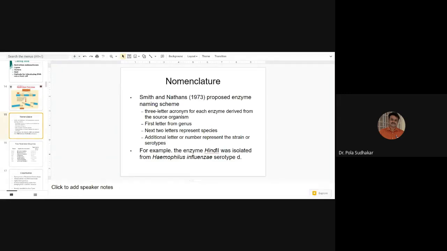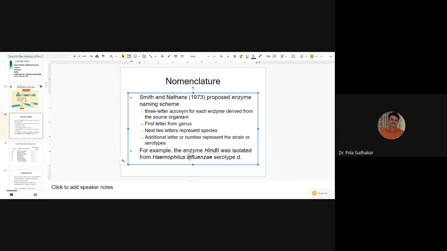A 3-letter acronym for each enzyme is derived from the source organism. So if you see HindIII, HindII, the first letter is from the genus, and the next 2 letters represent the species. Additional letters or numbers represent the strain or serotype.